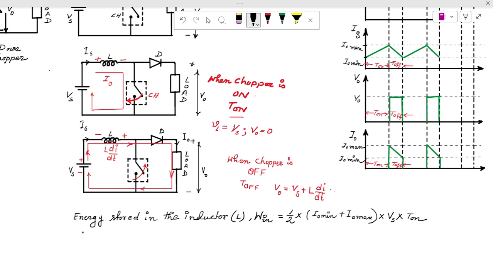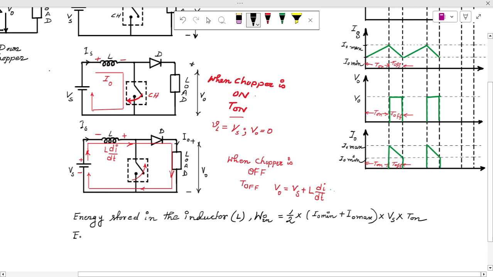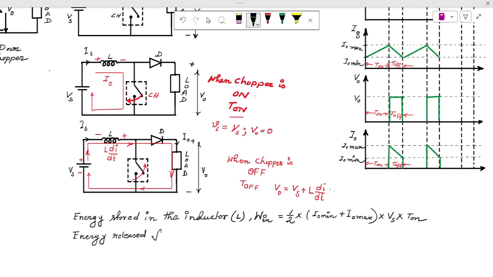Now again when energy is released from the inductor, we can say energy release, this will be W naught.